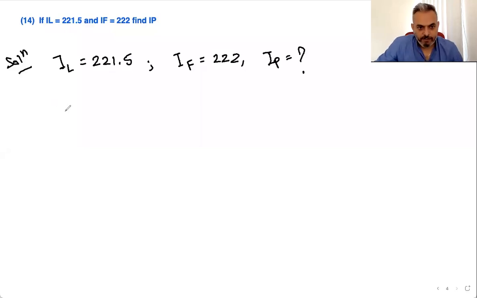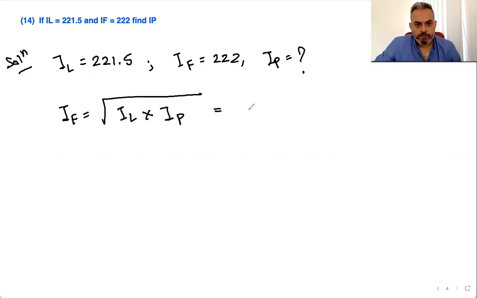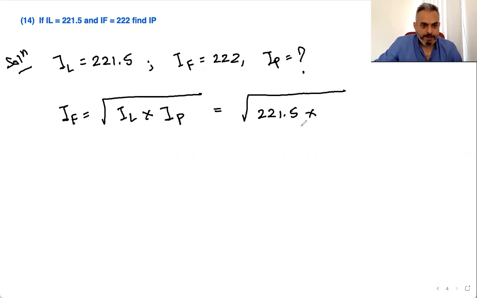Now the formula is IF is equal to geometric mean of Laspeyres and Paasche, which is equal to under root of 221.5 into IP. Therefore, 222 is equal to root of 221.5 into IP. Now, the under root we want to remove, so here it will become square.